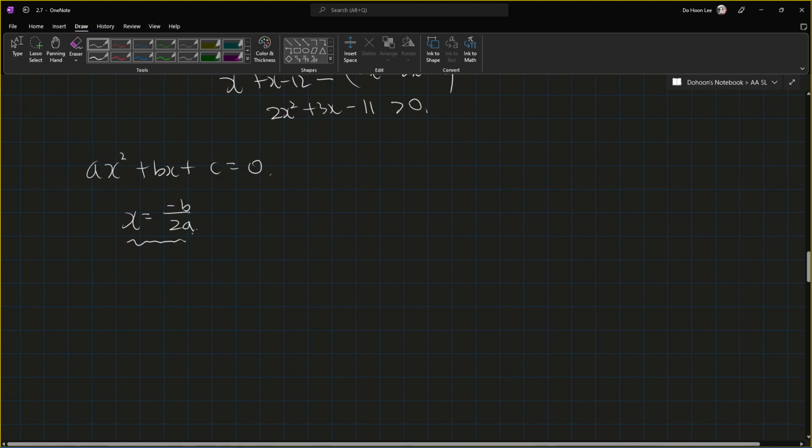And knowing that this axis of symmetry is the x value of the vertex, I can conclude that it becomes a, the same a, times x minus h, where h is the x value of the vertex, so x plus b over 2a, squared, plus k equals 0. I don't know k, so we'll try to find that. How? By putting this x value in place of x. This is a bit tedious.